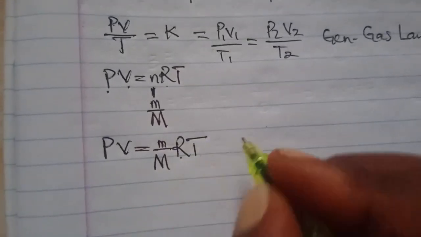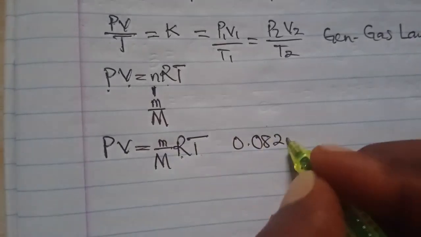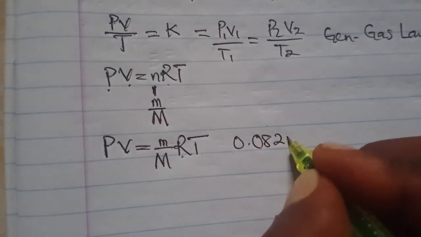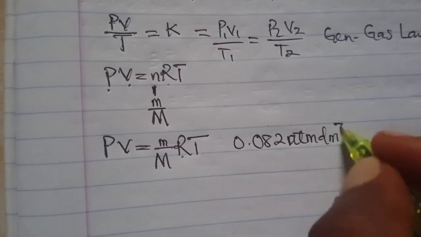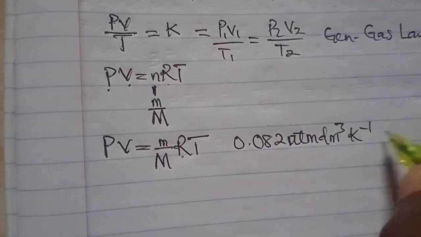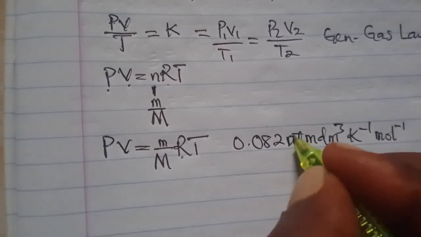So this is the molar gas constant, and it is equal to 0.082 atm dm cube per Kelvin per mole. So it is a constant.